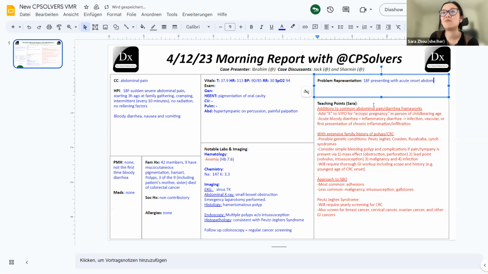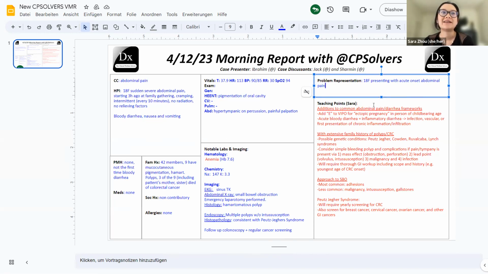And then for our approach to diarrhea, which we would categorize into acute or chronic, this patient had acute bloody diarrhea, which is equivalent to inflammatory diarrhea. In this case, we can consider infection, vascular causes, or the first presentation of a chronic inflammatory diarrhea cause, such as IBD, or an infiltrative disease like CMV.